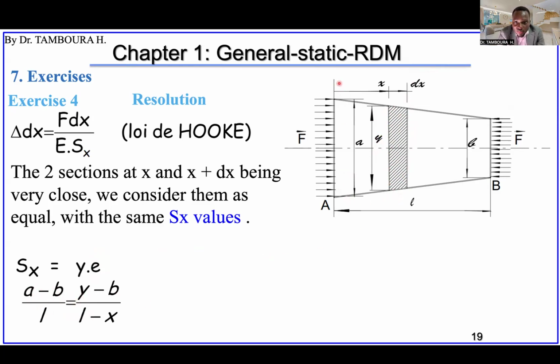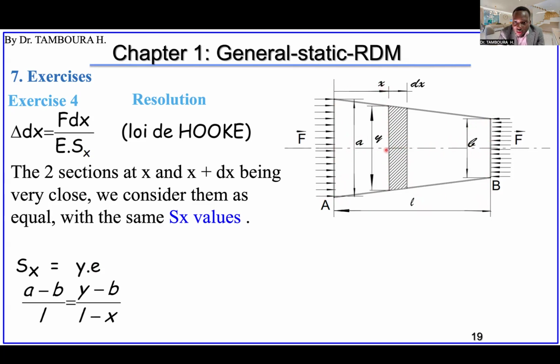It is the theorem of Thales. You take this height minus this height, which is A minus B, and divide by the distance between these two positions, which is L. This is equal to y minus B, divided by the distance between these two sections, which is L, the total distance, minus x.